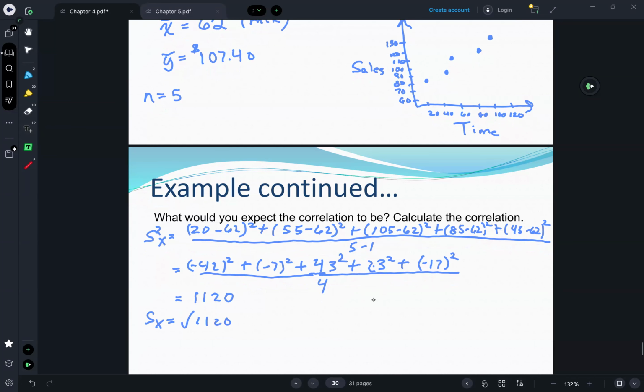So those are the 2 values we need, and we're going to compute now the correlation R, which is going to take each value, 20, and we're going to subtract the mean, but this time we don't use any squares. We just take the first x, subtract its mean, and the first y and subtract its mean. And we do this for each pair.